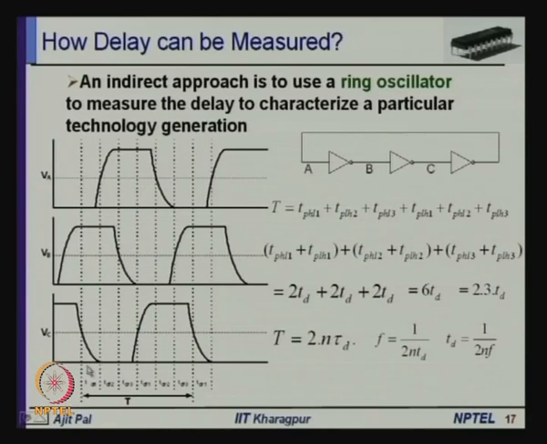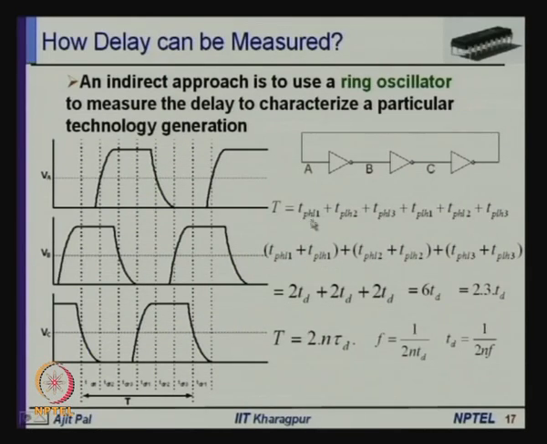This total time is the time period of the clock generated with the help of this ring oscillator, and it is equal to TPHL1, that is the first stage, plus TPLH of stage 2, TPHL of stage 3, then again TPLH of stage 1, and so on.